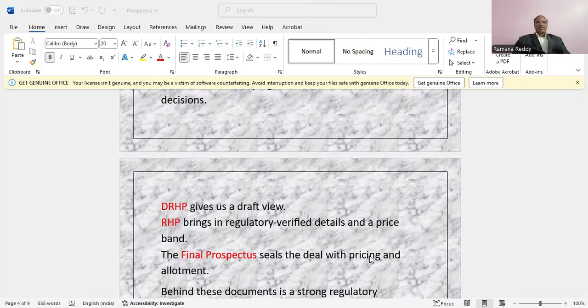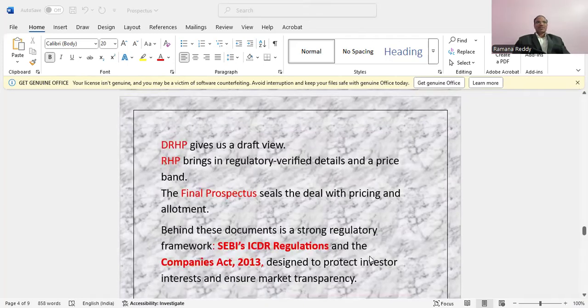And the final prospectus seals the deal with the pricing and allotment. Behind these documents is a strong regulatory framework, that is SEBI's ICDR regulations and the Companies Act 2013, designed to protect investor interests and ensure market transparency.